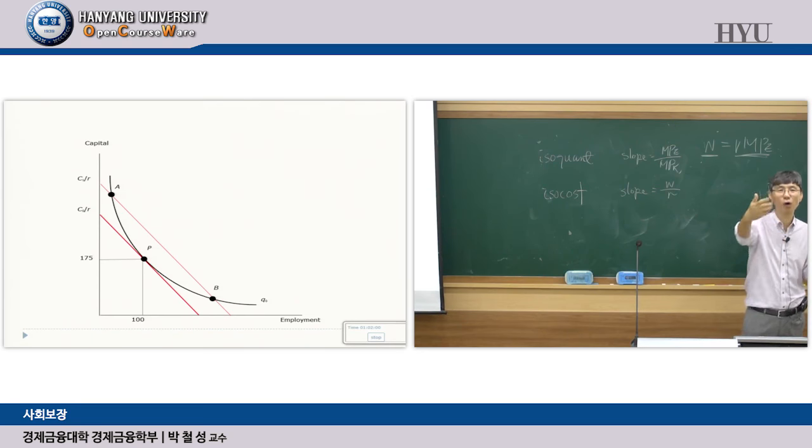So you know in advance that you have to produce 10,000 units every day. So you're thinking, how should I combine capital and labor to produce 10,000 units a day? There are possibly infinite combinations you can think of.